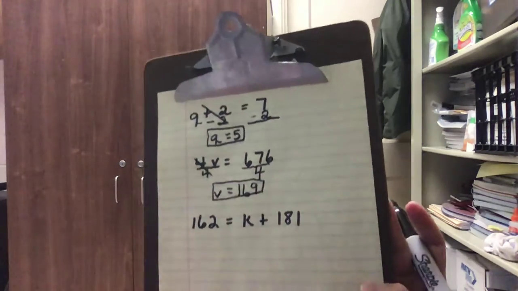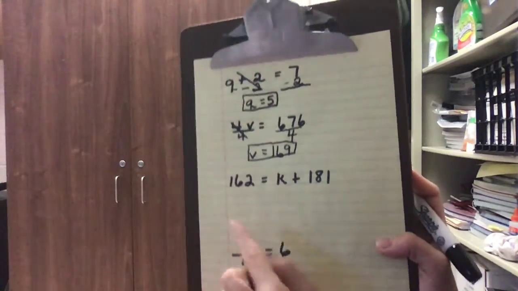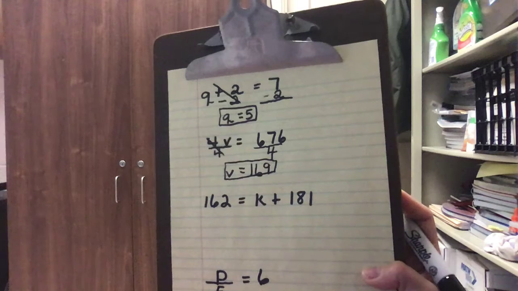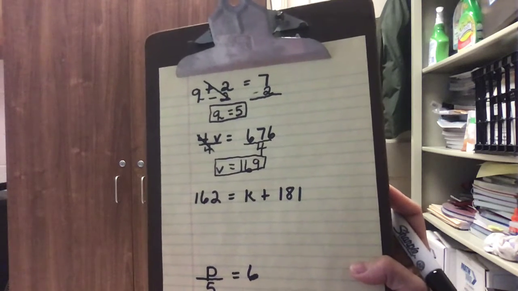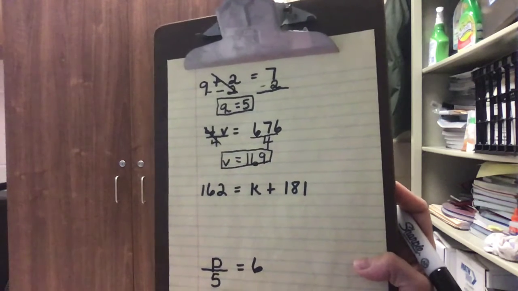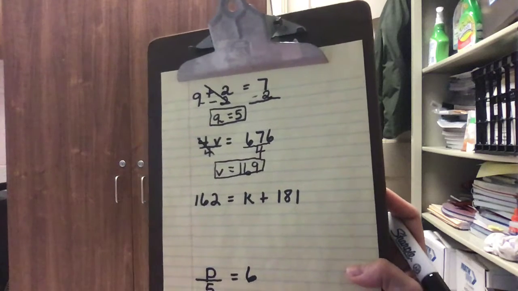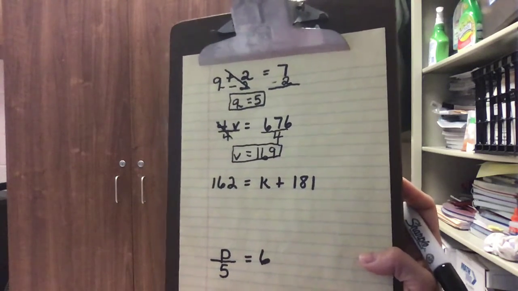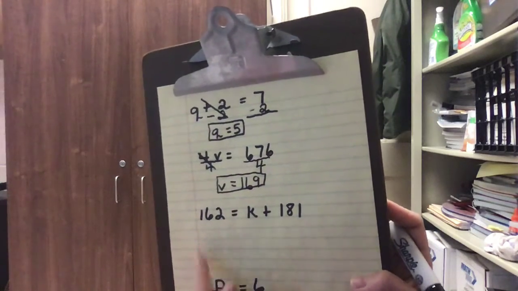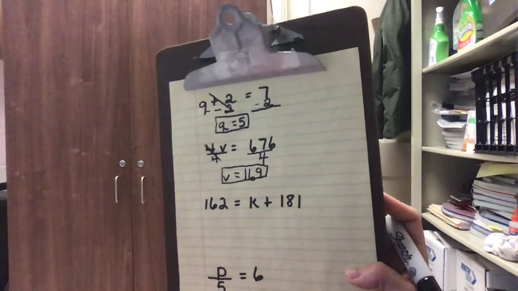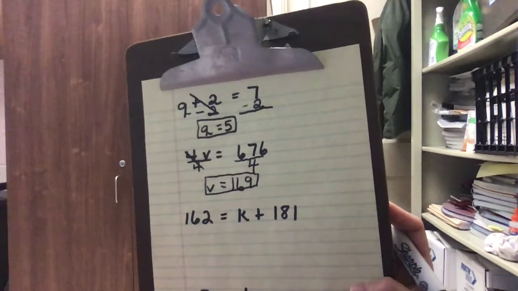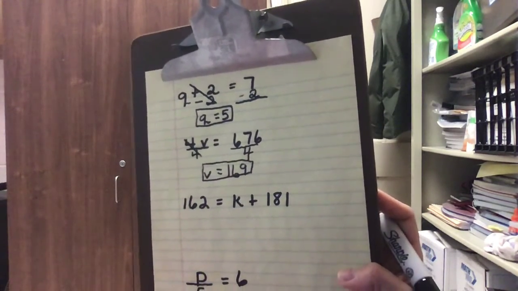Okay? Now I needed to give you one that was not set up in the form that you're used to, because they're not always going to be in that easy form that you're used to. You have to rewrite this equation. Okay? You have to rewrite it so that your variable will come first, then your integer, then your equal sign, and then what it equals is 162.